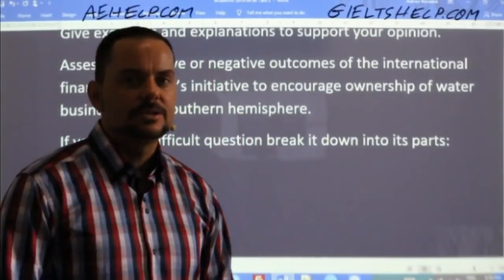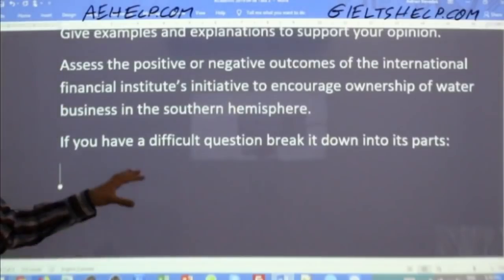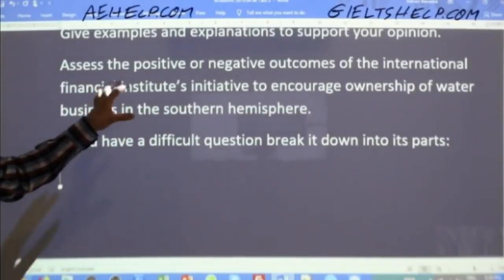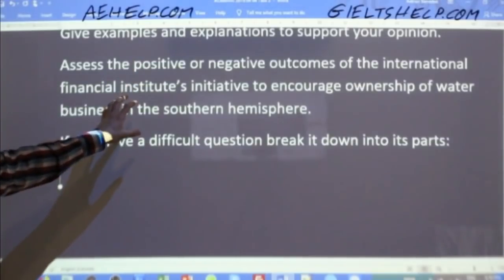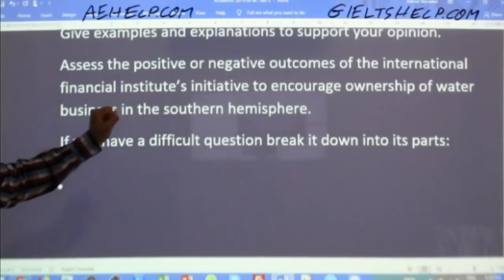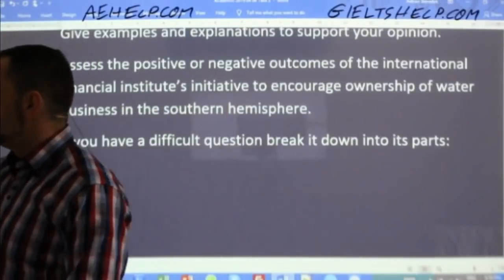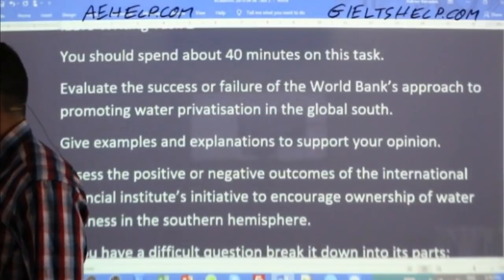So the best step here is to break it into its parts. Break it down into components, okay? What is one component of this question? Okay, let's go back to the original question for this.